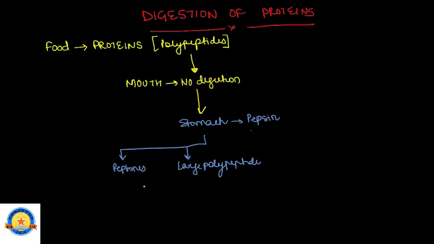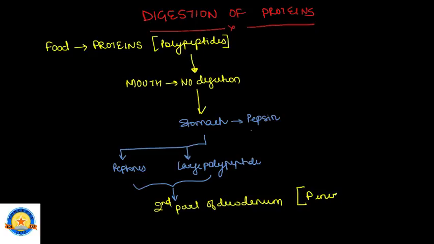They go to the second part of the duodenum and are acted upon by what? Pancreatic proteases. Correct. These pancreatic proteases will divide the polypeptides to form three things.